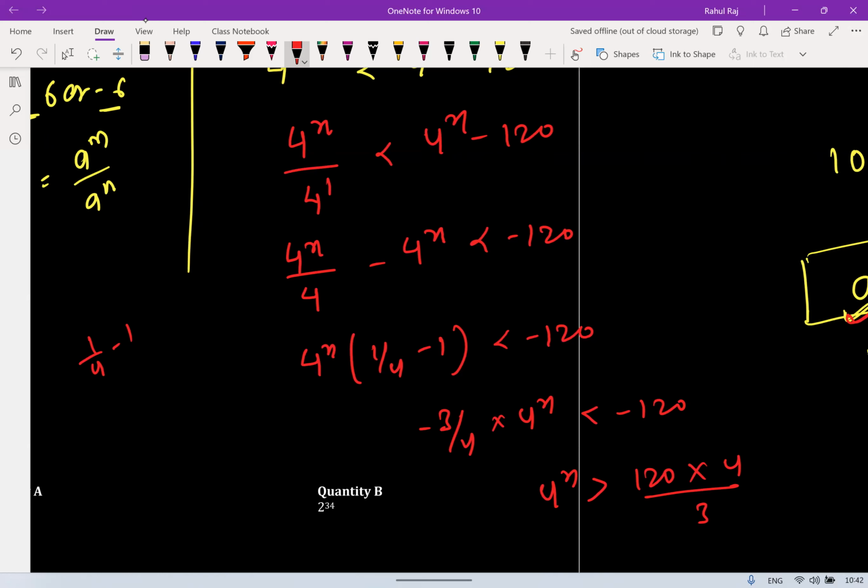This is what we have got. That's where I've reached. So what I'll do is multiply by negative on both sides, so my sign changes. Negative negative becomes positive, and then I cross multiply 4 and 3.